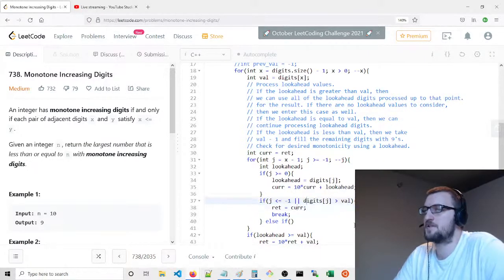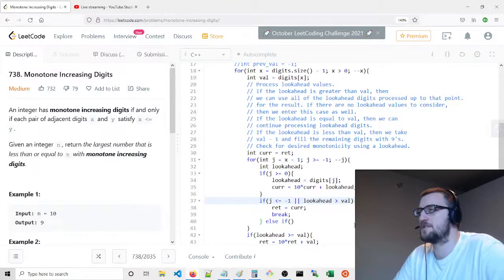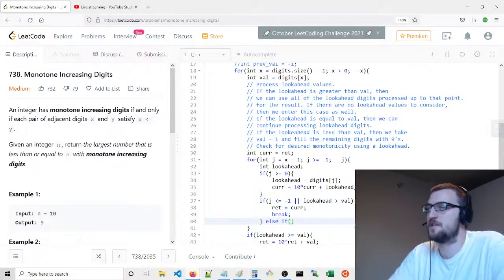We can do this if we. This is a little bit confusing. I don't particularly like how this is written, but it's okay, I guess.